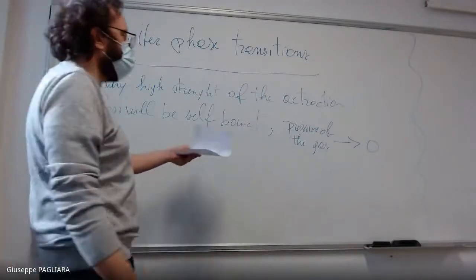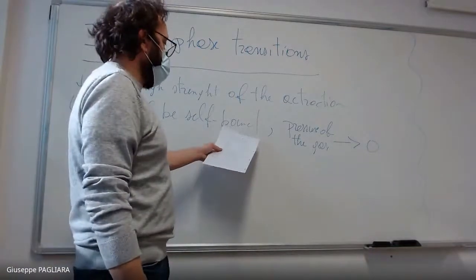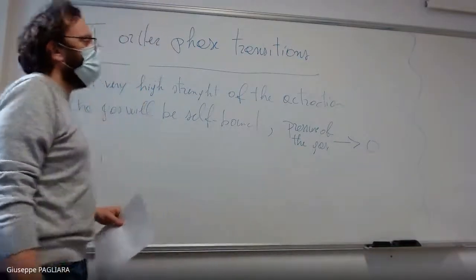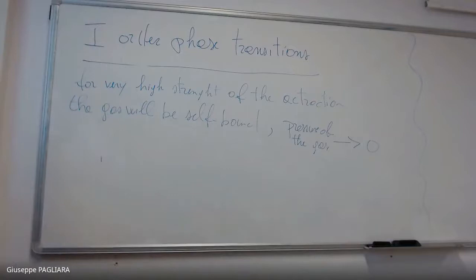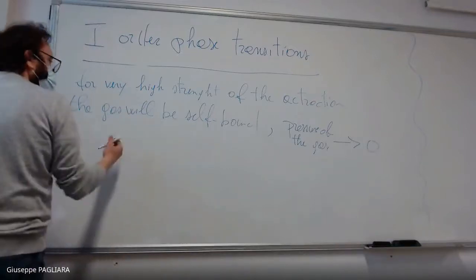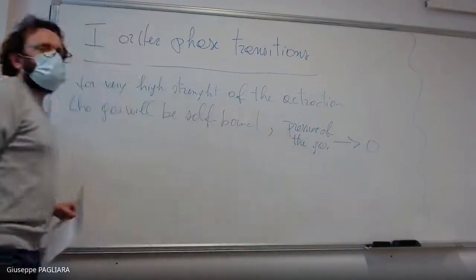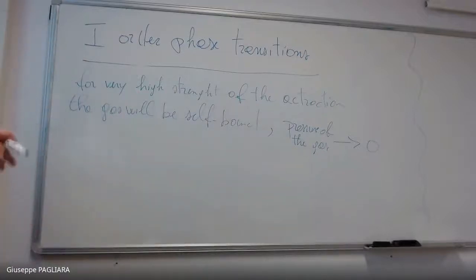Okay, so this is a very extreme case. Actually, what happens in reality is that this is the limit in which the attraction is large and the pressure is going to zero.